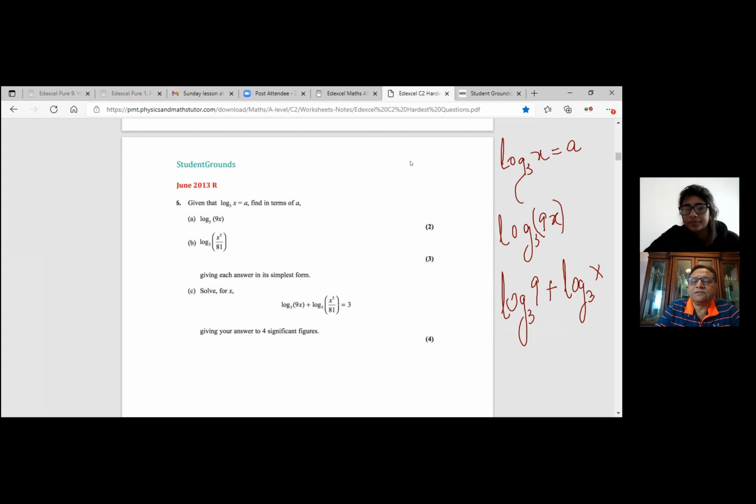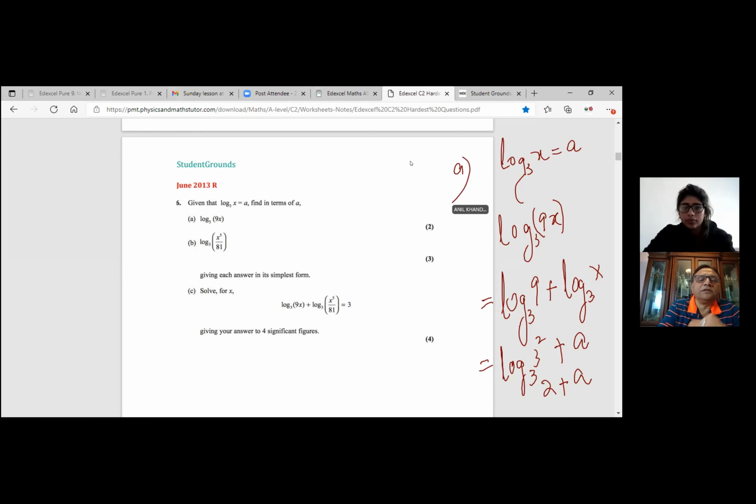Log 3 of 9 is log 3 of 3 squared, right? So you can write in this term, and you're given log 3 of x is a. So you get a here. And using the power property of logarithms, you get this as 2 plus a. Is that clear to you? So that is how you could write part A, which is log 3 of 9x.